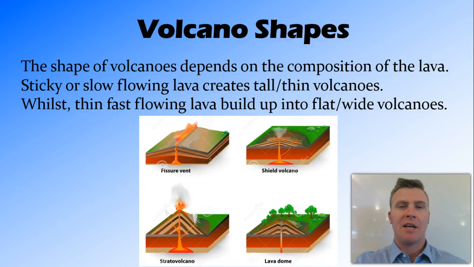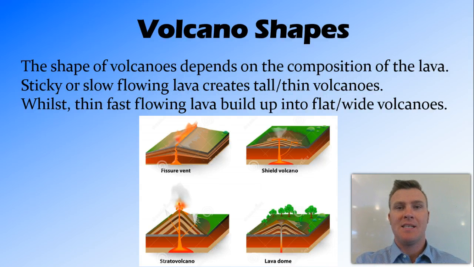Now, the composition of the magma or lava that comes out determines the shape of the volcano. So if it's thin, runny lava, it will run off the side of the volcano very, very quickly and create a shield volcano, so very flat.